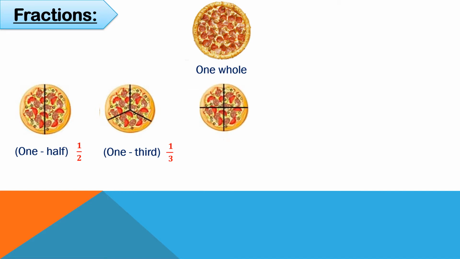If I have 4 kids and I want to distribute my whole pizza equally, I will divide it into 4 equal parts. So each part will be 1/4, or a quarter.